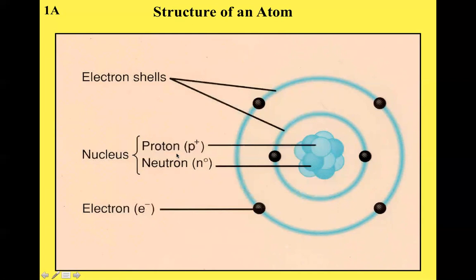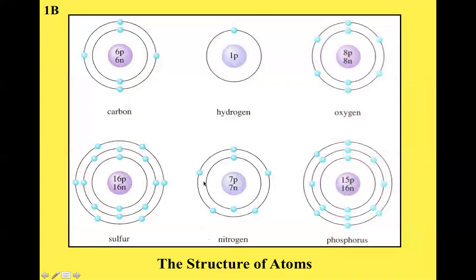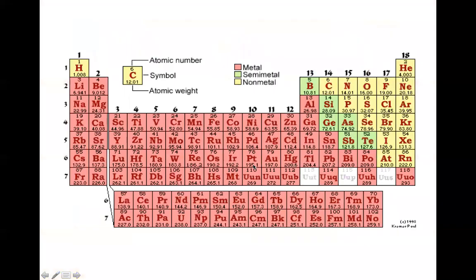Since this is an atom that has 6 protons, what does that tell us? Let me go to my periodic table. If I have 6 protons, then I'm really talking about carbon, because the number of protons is what defines where the different elements are on a periodic table.